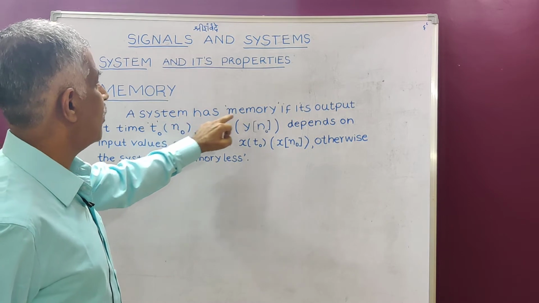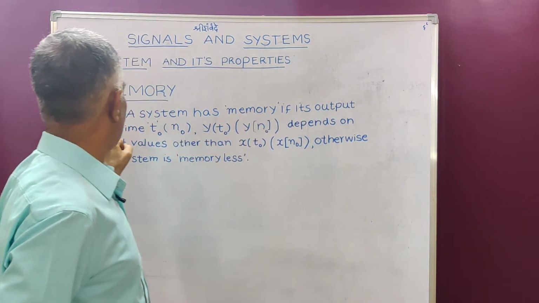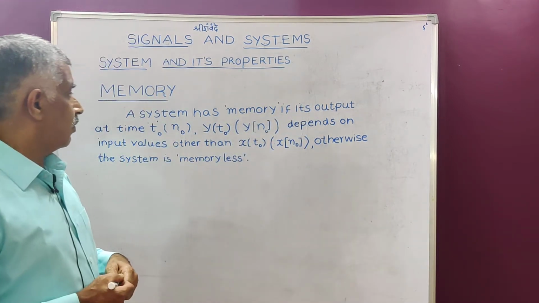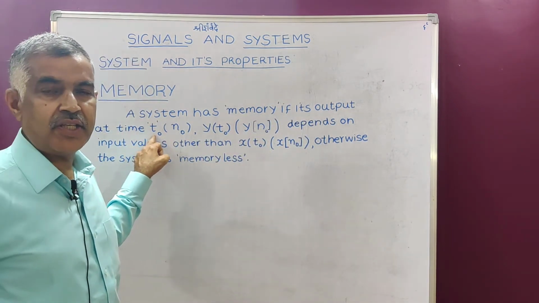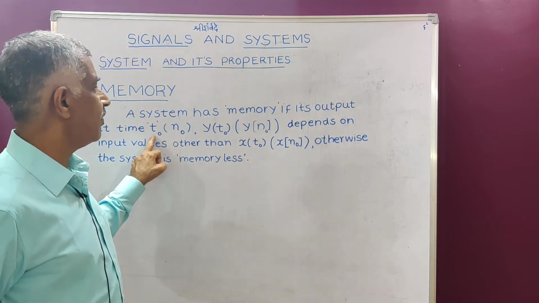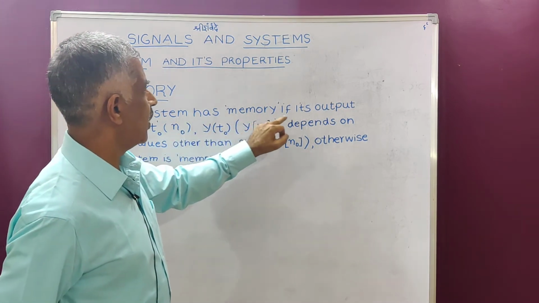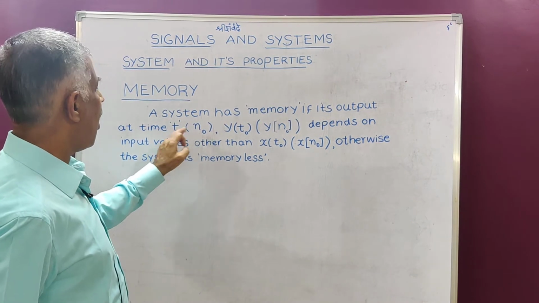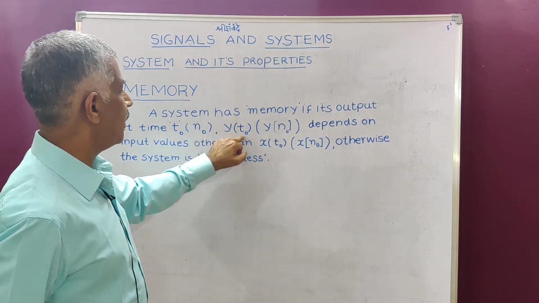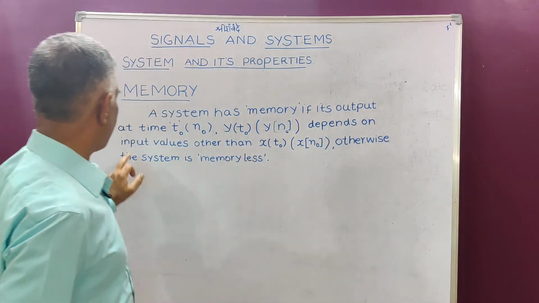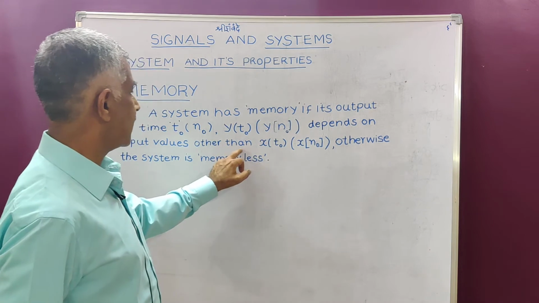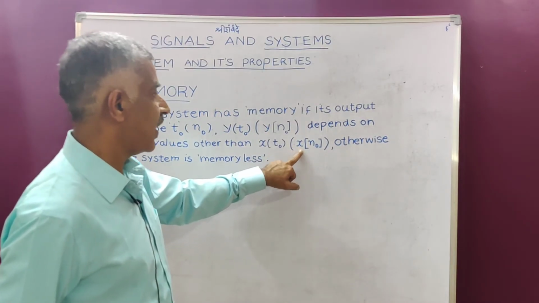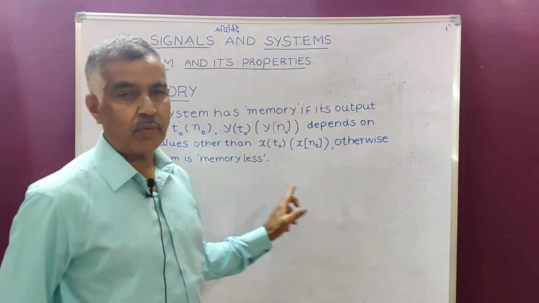A system has memory if its output at a time t0, for continuous time systems, or y of n0 for discrete systems, that is y of t0 or y of n0, depends on input values other than x of t0 in the case of continuous time systems, or x of n0 in the case of discrete systems. Otherwise the system is memoryless.